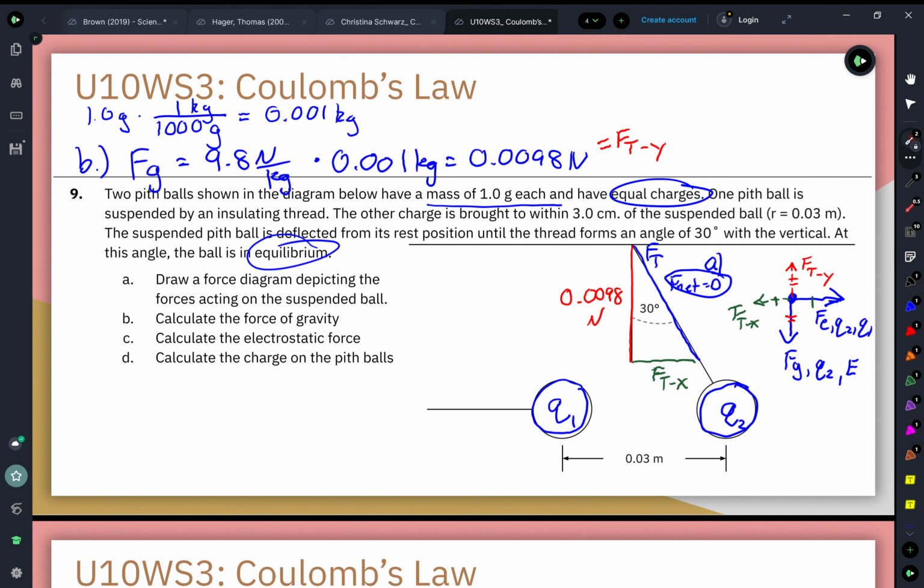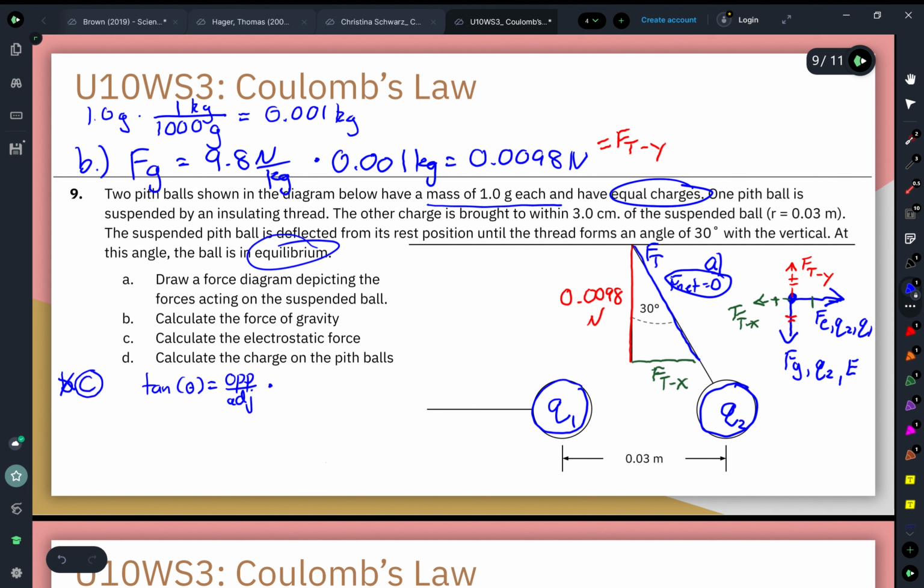We can determine that value by using our trigonometric relations from this triangle here. It's a 30, 60, 90 triangle. Our 30-degree angle is adjacent to our vertical component of the force of tension, 0.0098 newtons. And our horizontal component of the force of tension is on the opposite side. So for part C, what we can try to do is use our relationship that has opposite and adjacent, or our tangent of an angle is equal to our opposite over our adjacent sides.